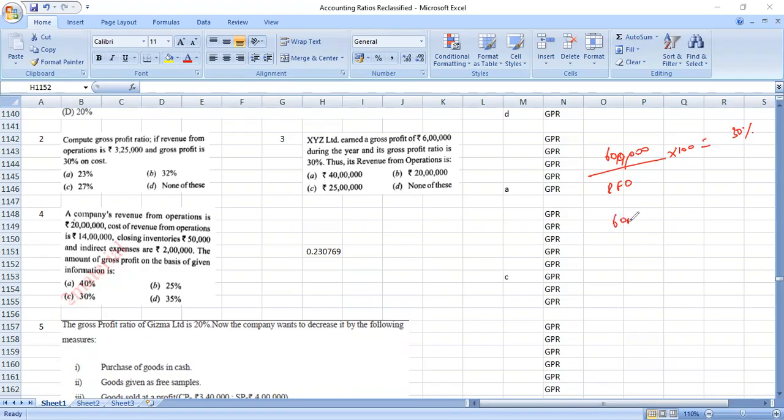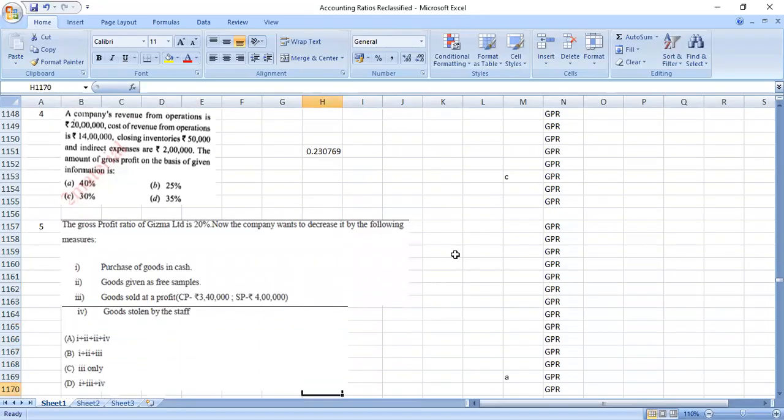So 6 lakh divided by 30 into 100 is equal to revenue from operation. So just cancel it. 30%, 100 cancel. So 20 lakhs is your revenue from operation.